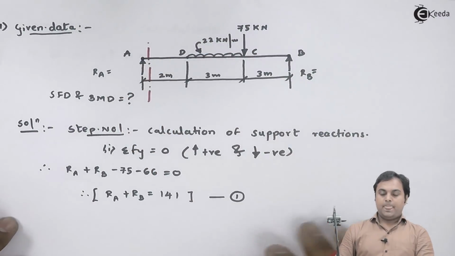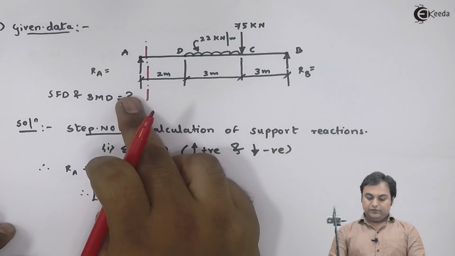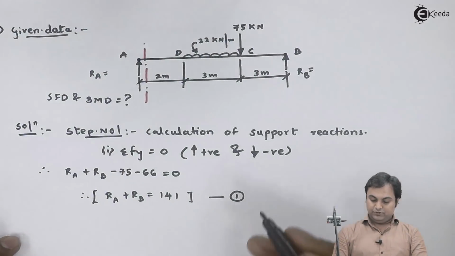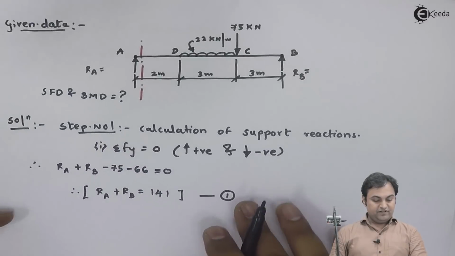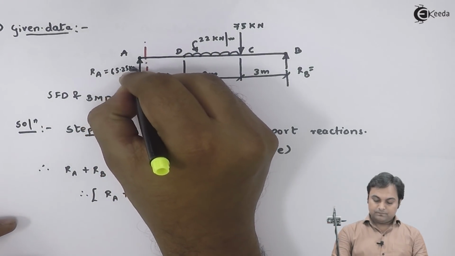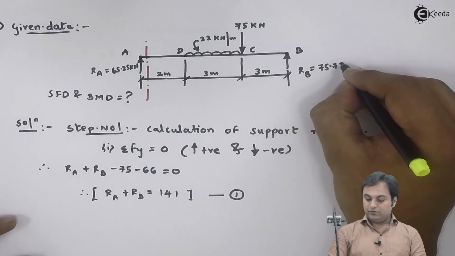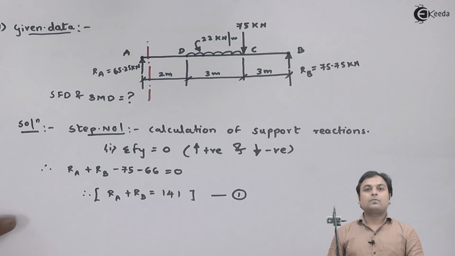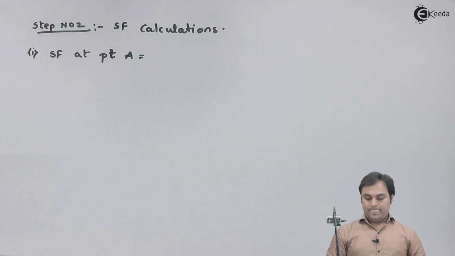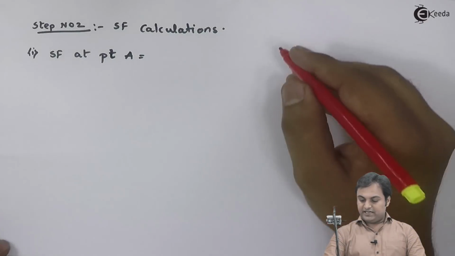This is my section, and as we can see, to the left of section there is RA, reaction at A, acting in the upward direction. The value is 65.25 kilonewton. RB was 75.75 kilonewton. So as per the sign convention, as I have told you all, whenever you are calculating shear force, first mark the sign convention.